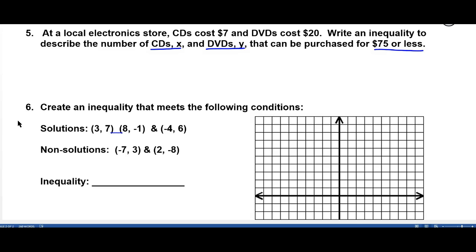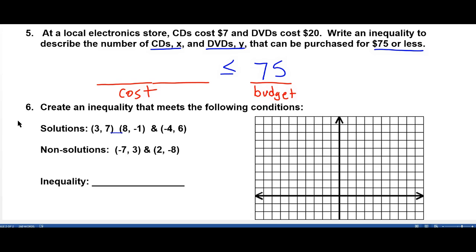So, the price of all the stuff I'm buying, and I'm going to compare that with my budget. My budget is $75. The cost of everything has to be less than that. It says 75 or less, so it can be less than 75, or it can be equal to 75.